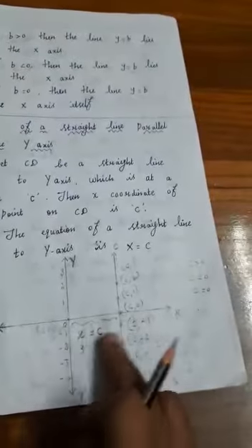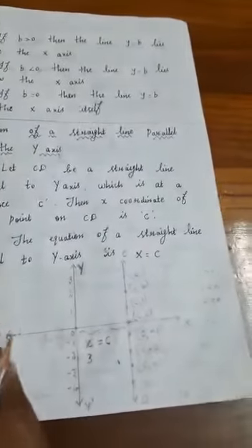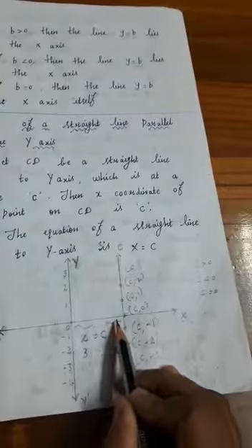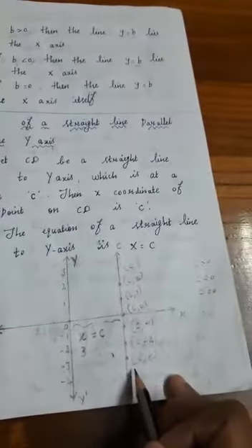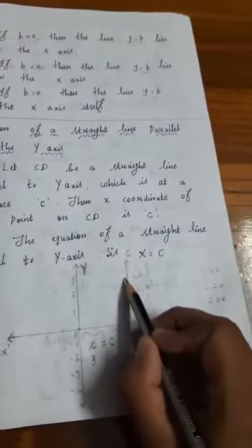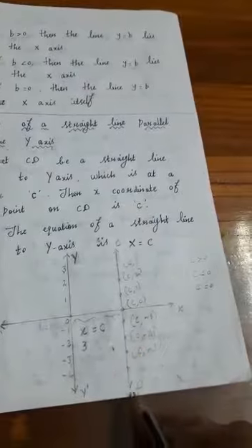Do the points lie on the right side of the y-axis or the left side? The right side only, because the distance is 3, so every point will have x coordinate 3: 3 comma 0, 3 comma 1, 3 comma 2, 3 comma 3, and 3 comma minus 1, 3 comma minus 2, like that.